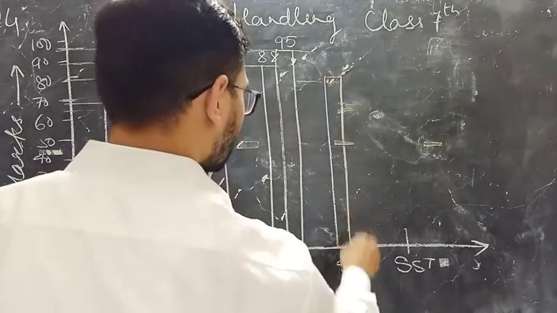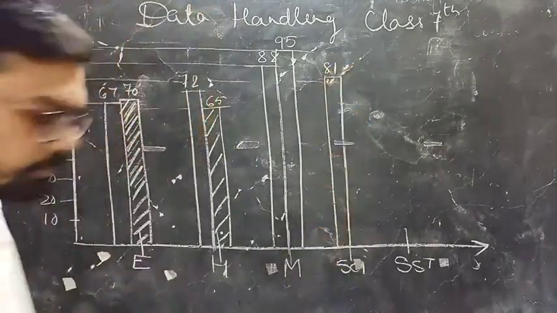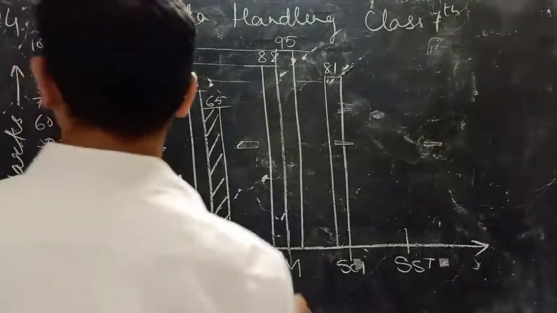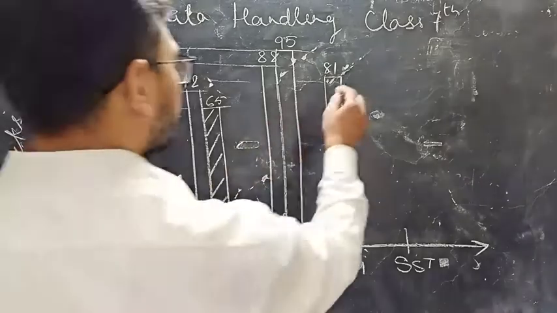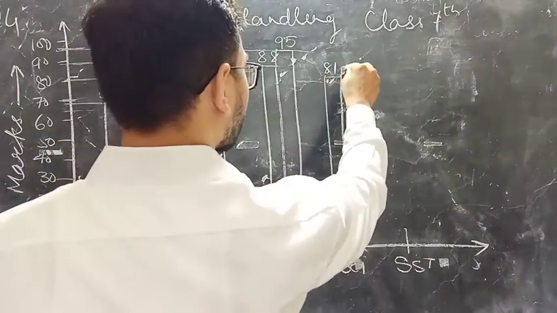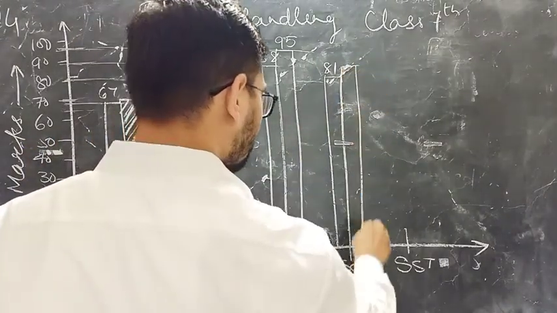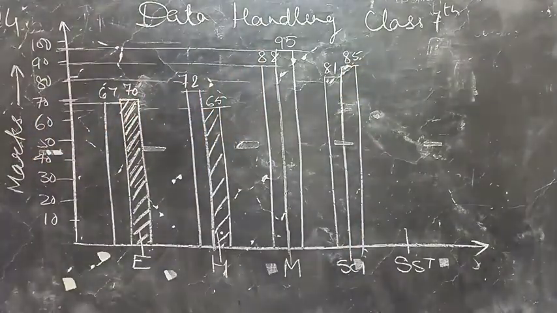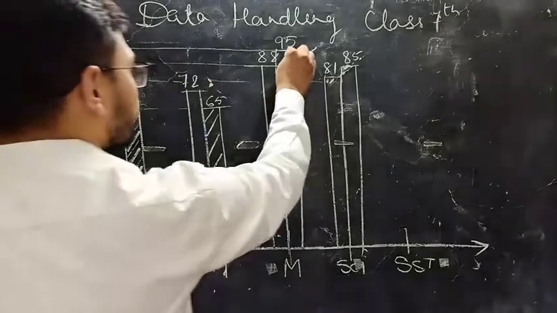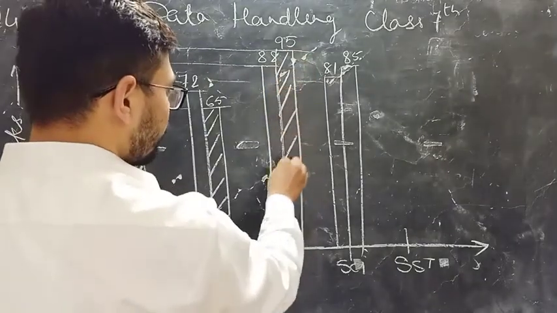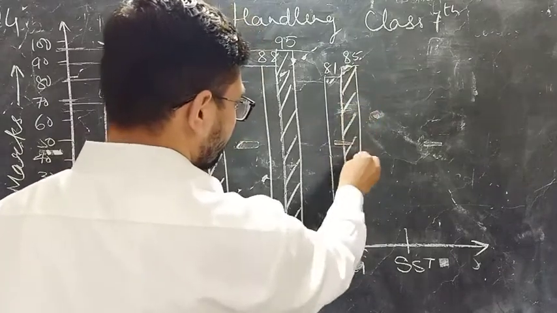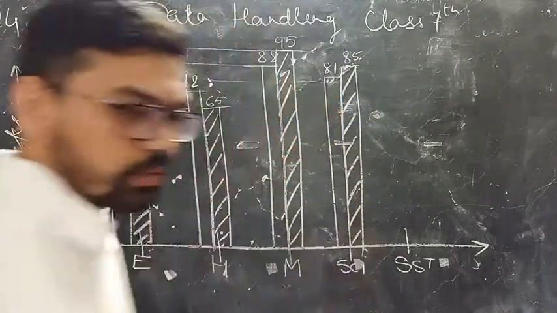So this is 81, and then 85. So this is representing 85. Again, this shaded bar is for second term marks.